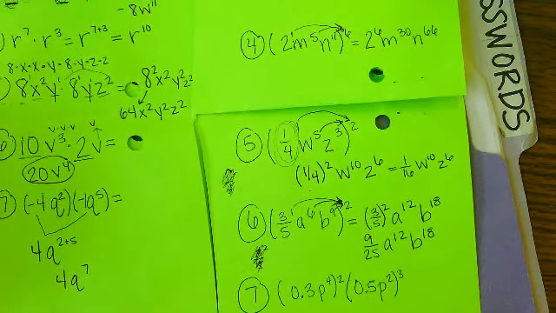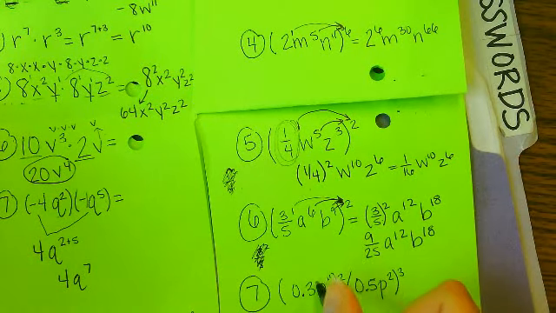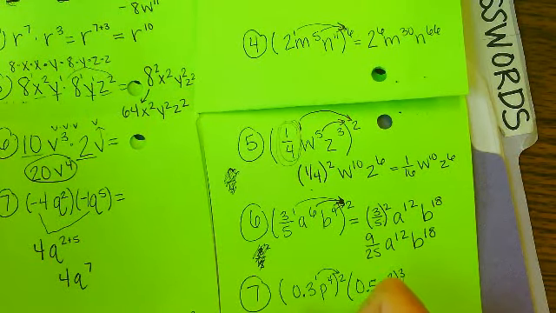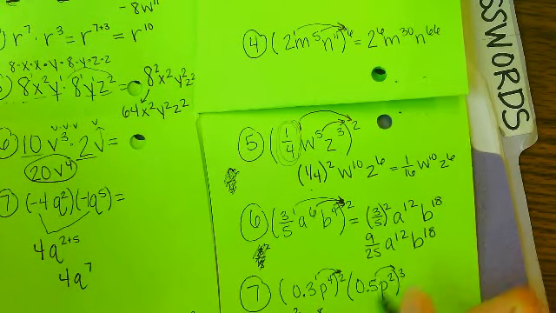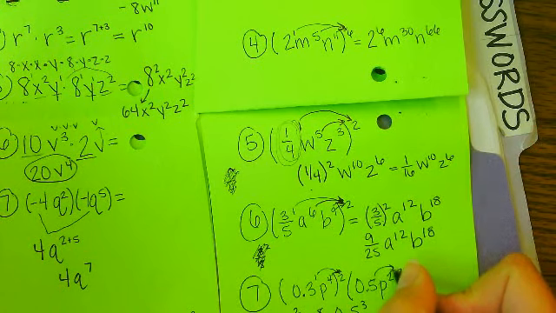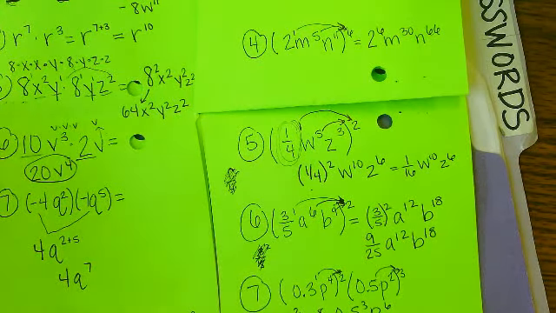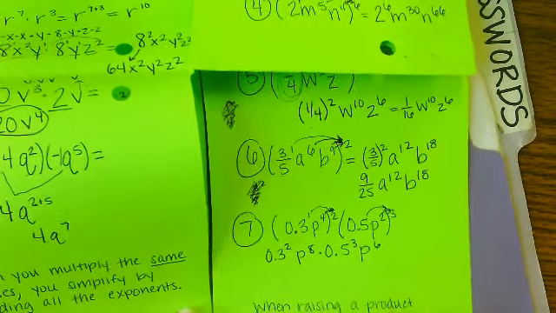Now this one right here is going to require a little bit extra work. 3/10 squared, and then P to the 8th, and 5/10 cubed, P to the 6th. Now this is still not completely in simplest form.